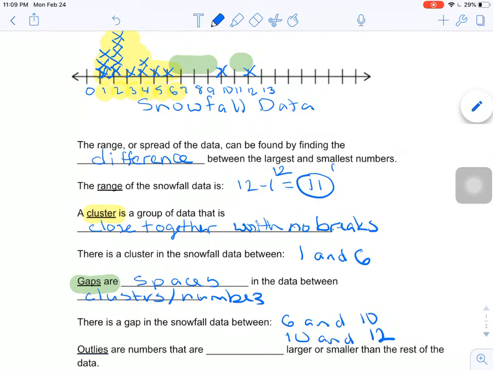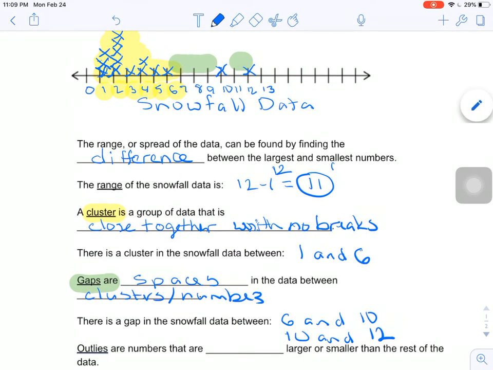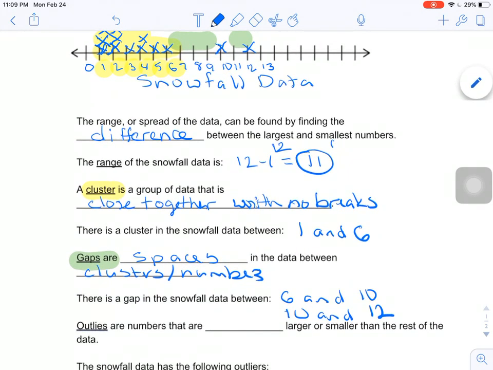Now, the last thing that you could see really easily on a line plot is what we call outliers. Outliers are numbers that are much larger, or smaller than the rest of the data.